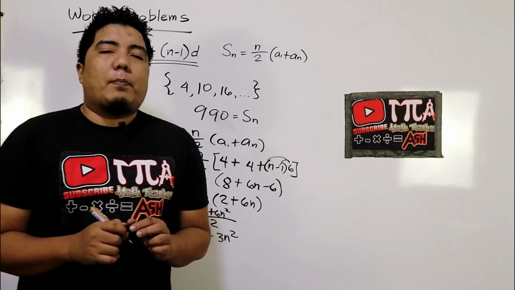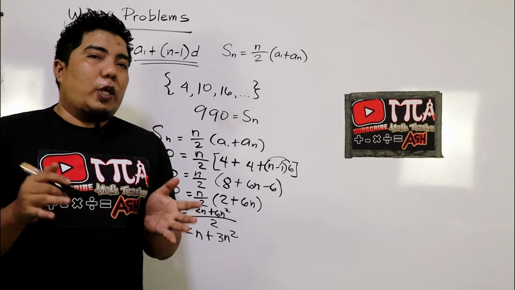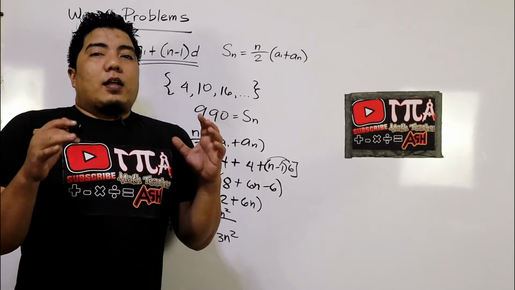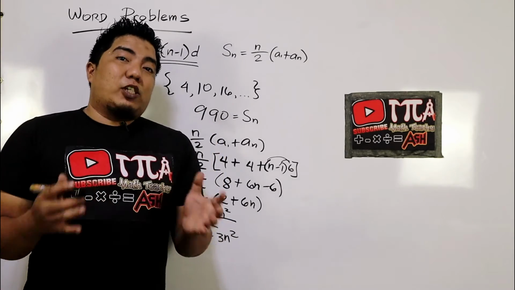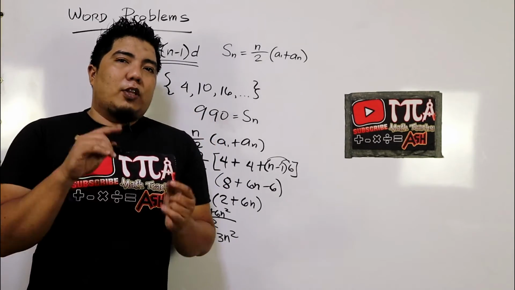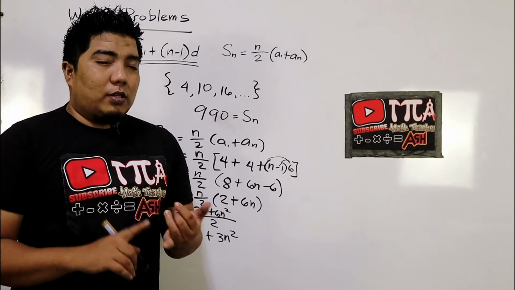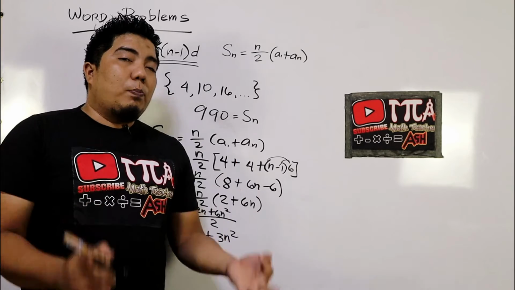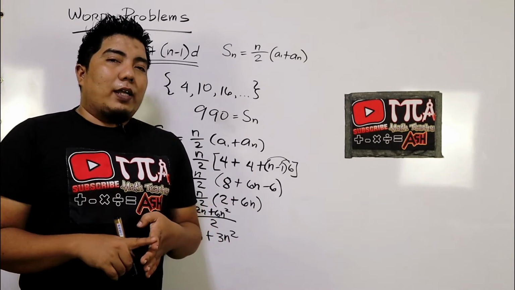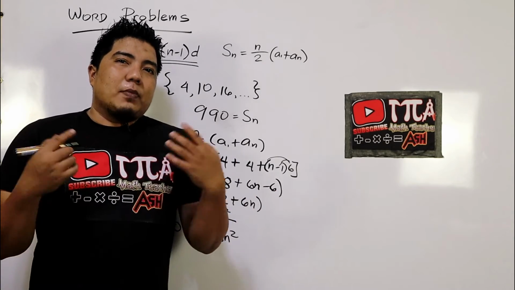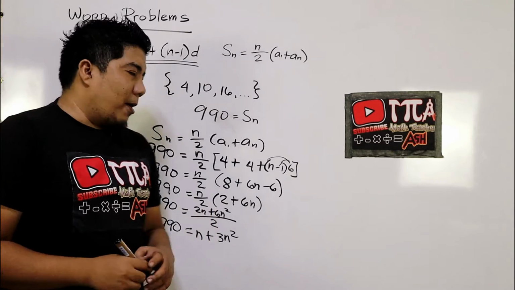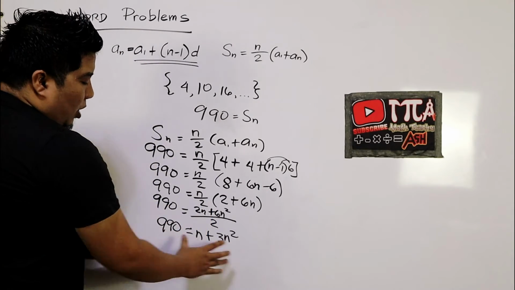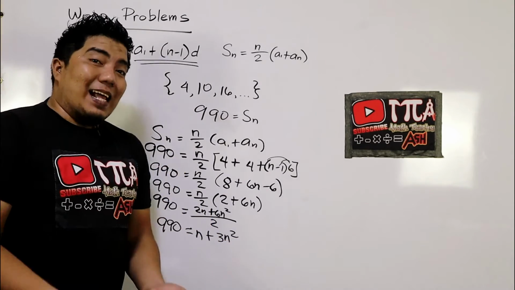If you still remember your lesson on quadratic equations in grade 9, quadratic equations can be solved in 4 ways. The first one is by extracting square root. The second one is by factoring. The third one is by completing the square. And the fourth one is the safest method, which is the quadratic formula. Let us change this first into standard form.